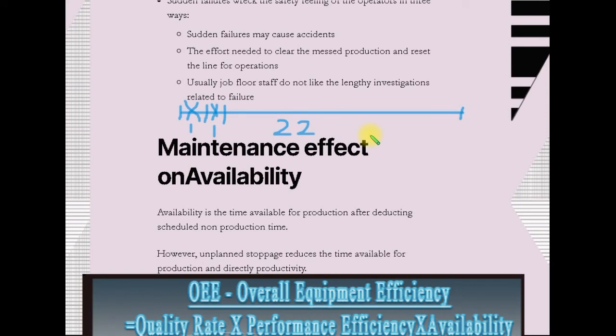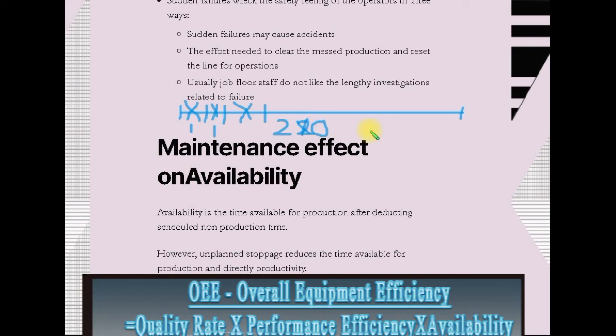If the unplanned failures or unplanned maintenance took 2 hours from my planning, now I'm having 20 hours, not 22 hours. So if I have only 20 hours available for production, this means that I'm going to produce less amount of production in the same time. This means that I'm going to increase my cost.